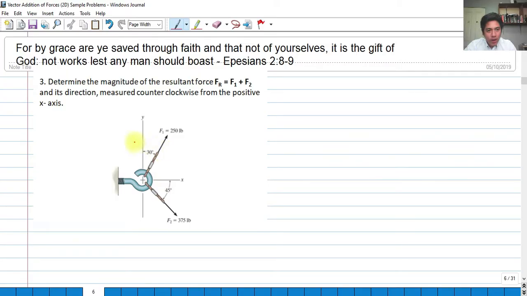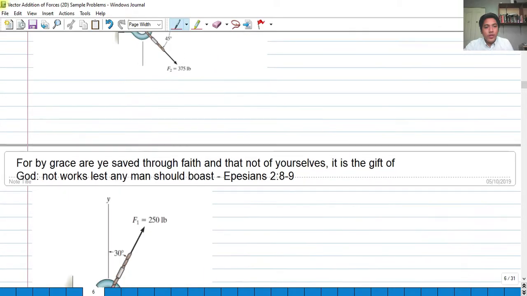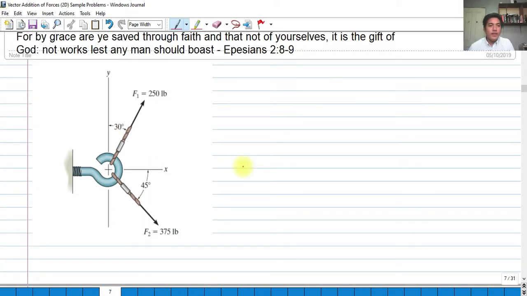Measured counterclockwise, meaning from here to here, counterclockwise. So clockwise is in this direction, and counterclockwise is this, CCW. Clockwise is this.